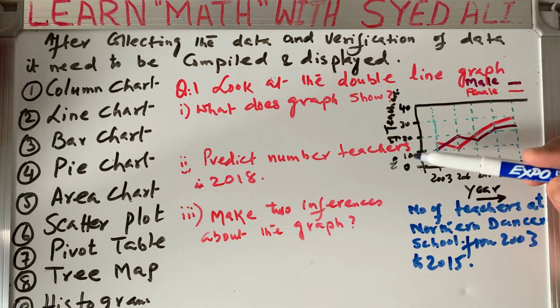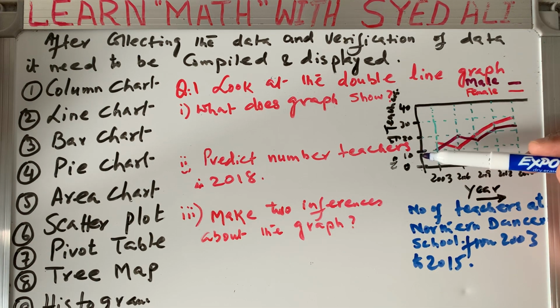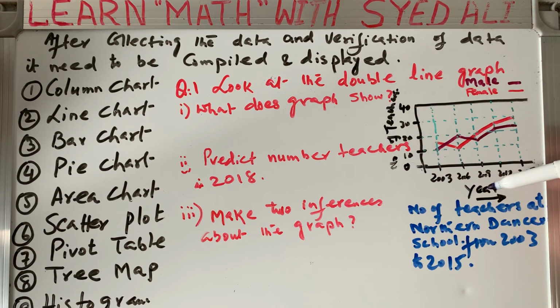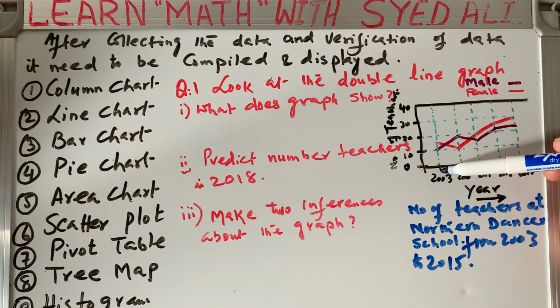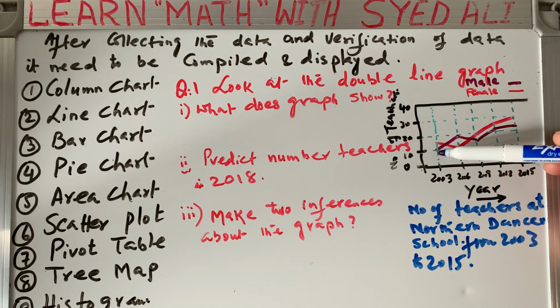We have the number of teachers on the y-axis, like 0, 10, 20, 30, 40, and on the x-axis we have the years. In 2003 there were 10 male teachers and 15 female teachers. In 2006 we have 10 female teachers and 20 male teachers. In 2009 we have 15 male teachers and 20 female teachers.